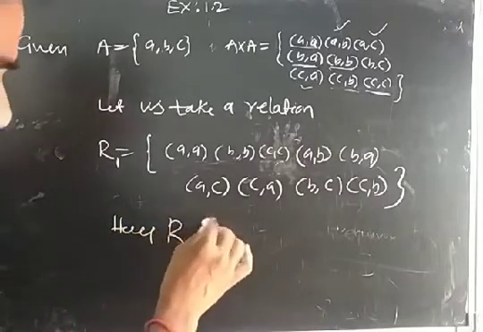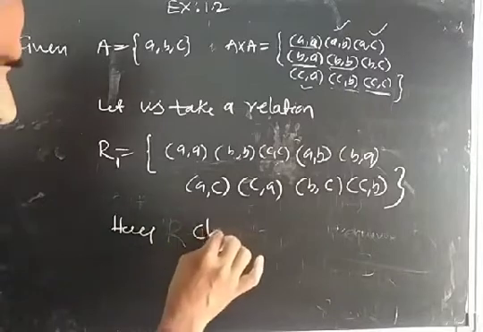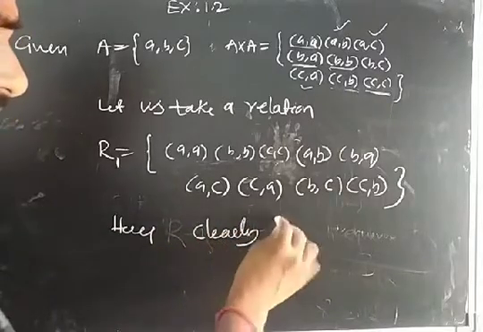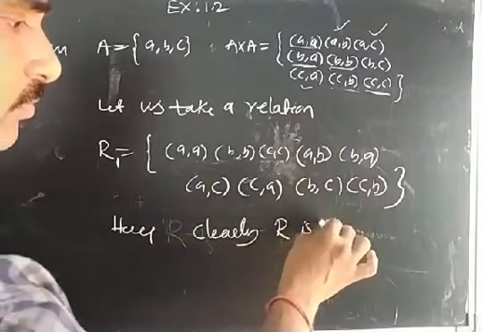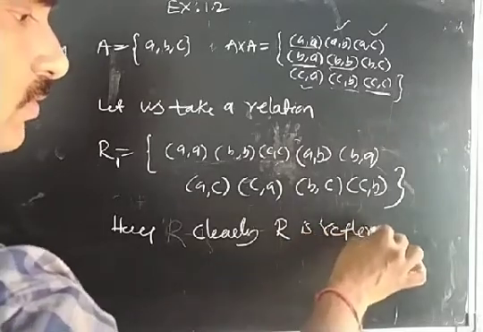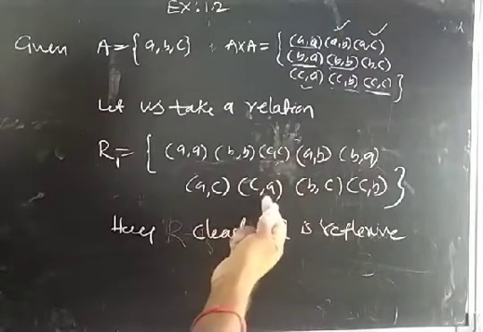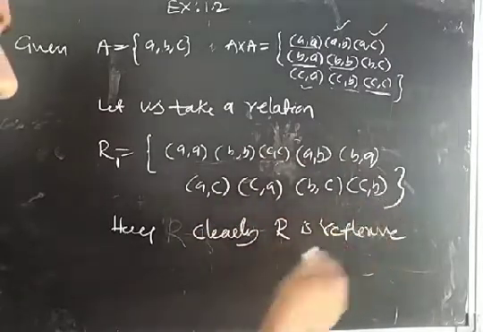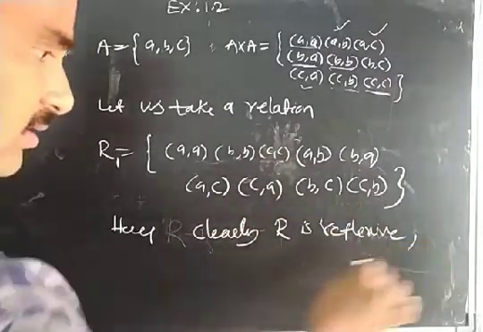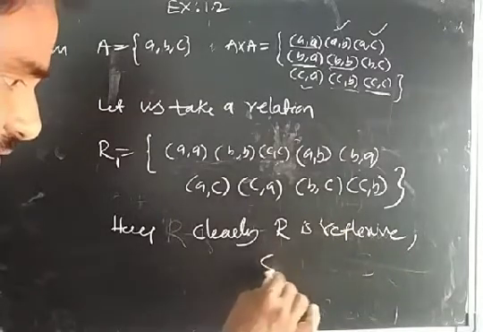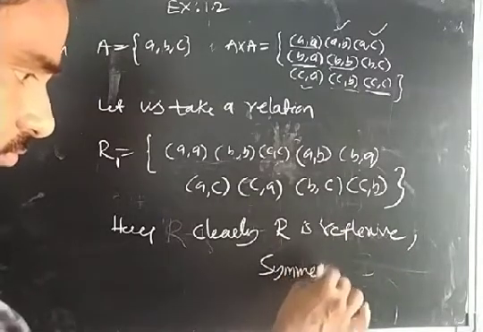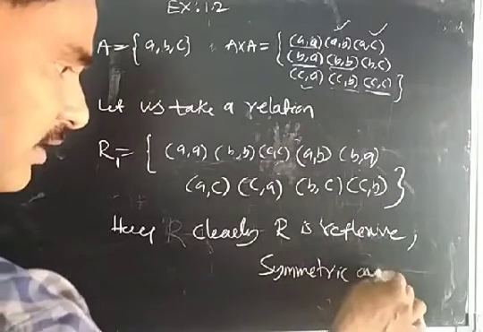Here clearly R1 is reflexive, and if (a, b) exists, (b, a) exists, (a, c) exists, (c, a), (b, c), then (c, b) exists, and it is reflexive, symmetric, and transitive also.